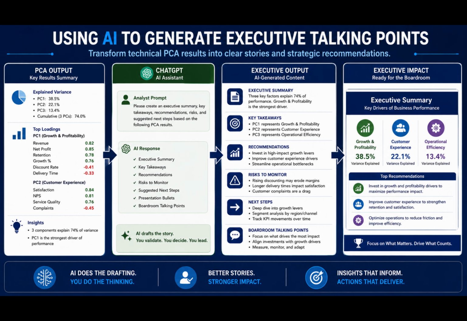Instead of presenting loadings, variance tables, and statistical terminology, AI can generate concise summaries, key takeaways, recommendations, risks, and next steps. In minutes, complex analytical outputs become boardroom-ready talking points. The analyst still validates the content, but AI dramatically accelerates the process of turning analysis into action. The result is clearer communication, stronger alignment, and more effective decision-making.